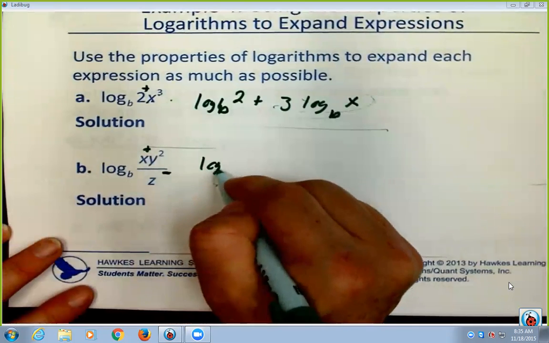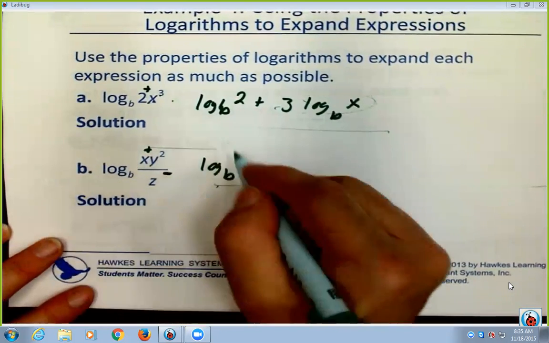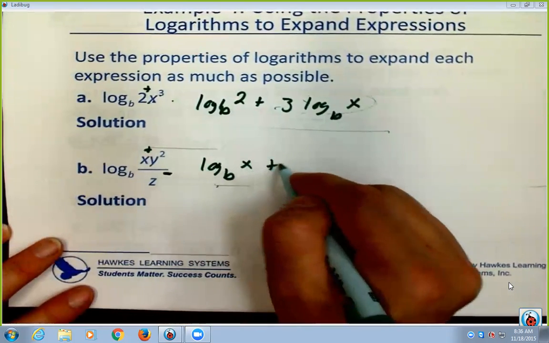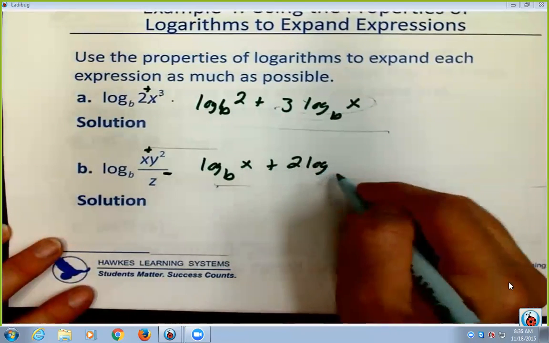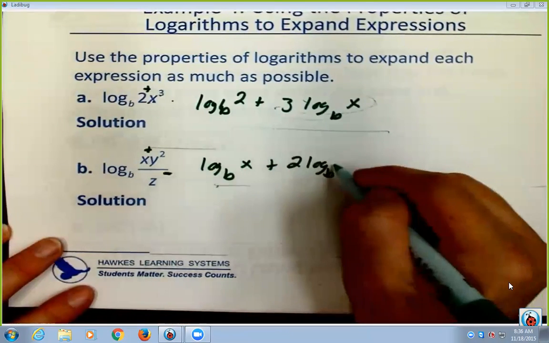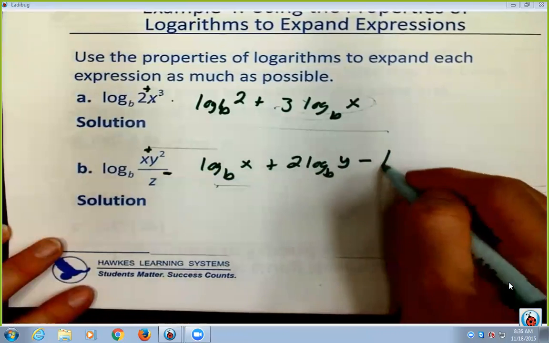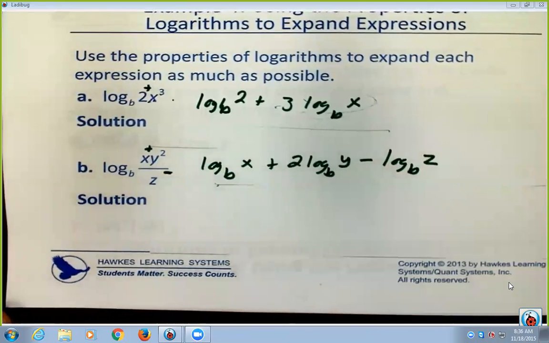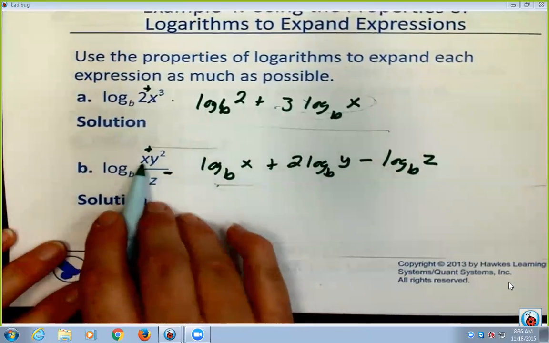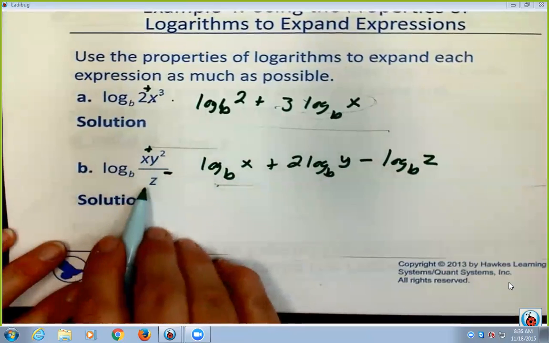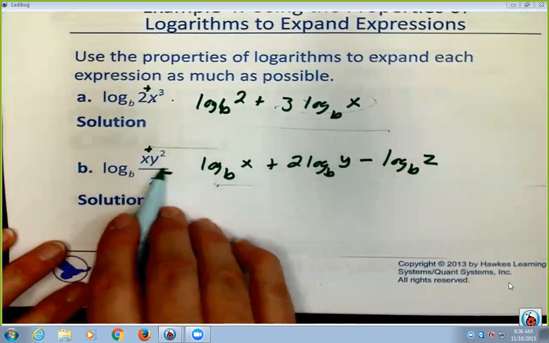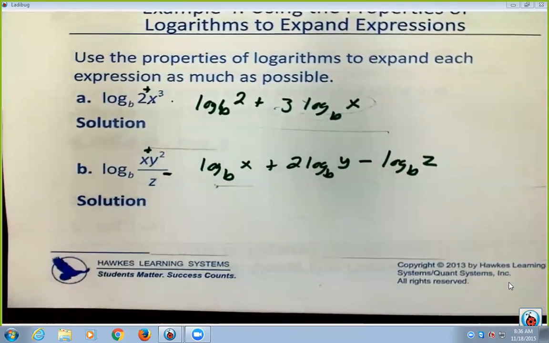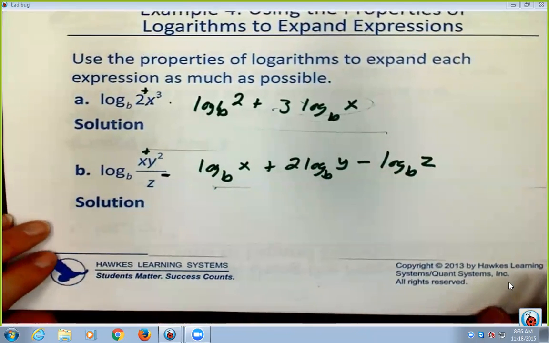So I get log base b of x plus 2 log base b of y minus log base b of z. Okay, we good there? So again, look at what you've got. You've got x, you've got a square, you've got a minus in the denominator because that's what that division bar means. It means I'm going to subtract it, so I got to get it out of there and move it to where it's supposed to be.